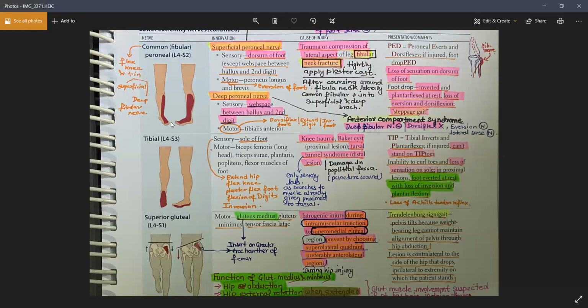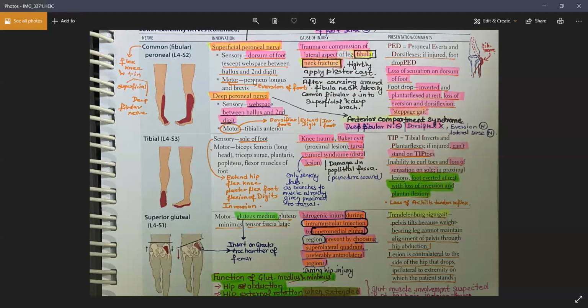You have the hallux, you have the second digit, and the web space in between these two is supplied by the deep fibular nerve, while the superficial fibular nerve supplies all the way the dorsum of your foot, as you can see here. The motor supply is to the peroneus longus and the peroneus brevis, and these muscles are involved in eversion of the foot.